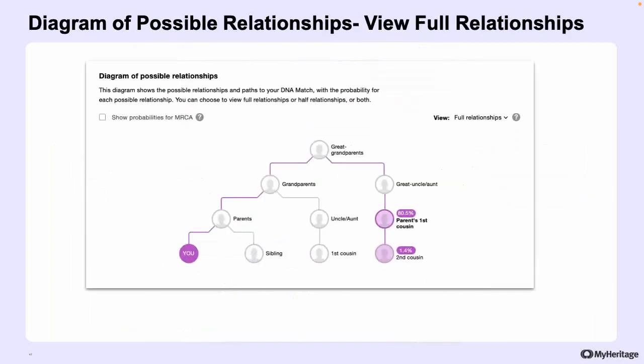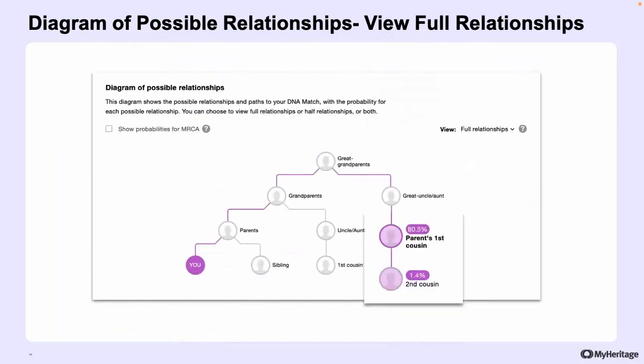Okay, so let's go down to the diagram that is shown below. We saw the possible relationships that I have with Samuel, and this diagram shows you the same possible relationships, but it also helps you visualize the paths to your DNA match. Now, this is not a family tree. This is an aid to show you how you are connected to your DNA match.